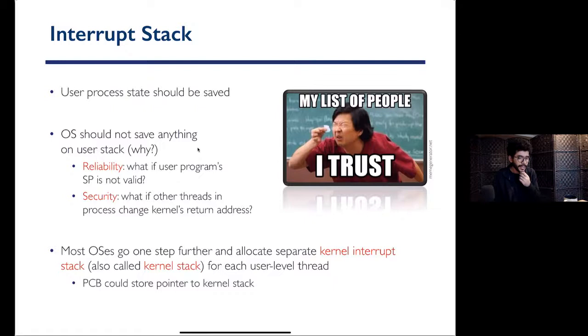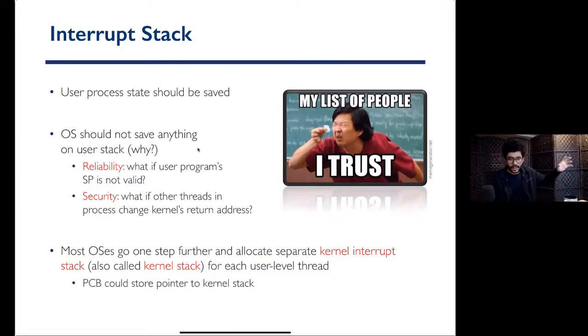Now, some operating systems take a step further, and instead of having one kernel interrupt stack to use for all kernel code, they designate separate kernel stacks per user thread. They say, thread 1, I'm going to designate a kernel stack for you.